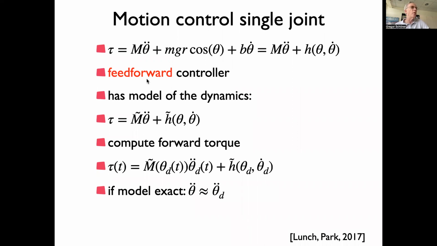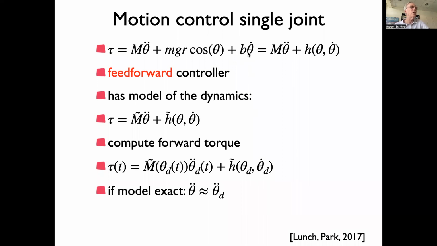So, for instance, if you know the model, so you have some estimate of the interaction torques and the Coriolis torques, you could compute that if your desired acceleration, desired velocity and desired trajectory was actually realized, then this would be the inertial term and the interaction term that you would have. So if you insert this torque into this equation, then you could see that this term would match very much that term. And this term would match very much that term.